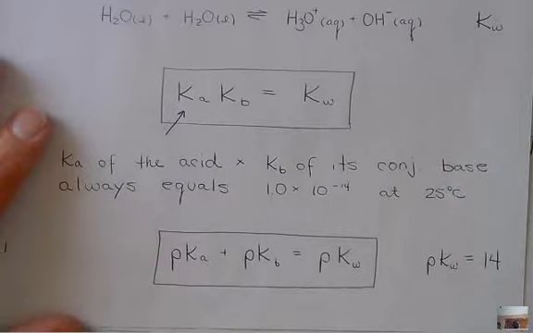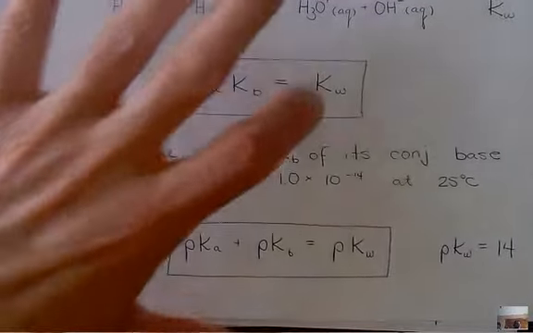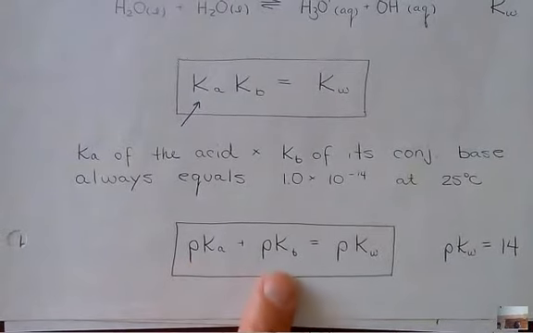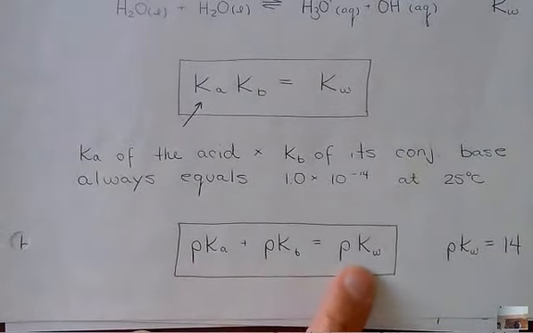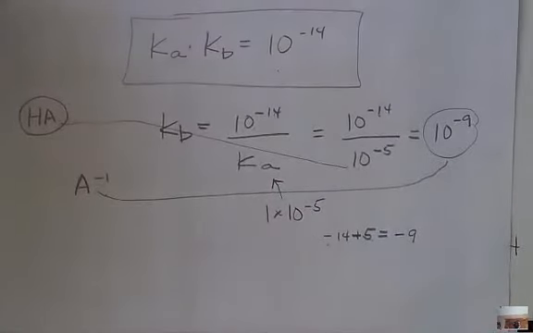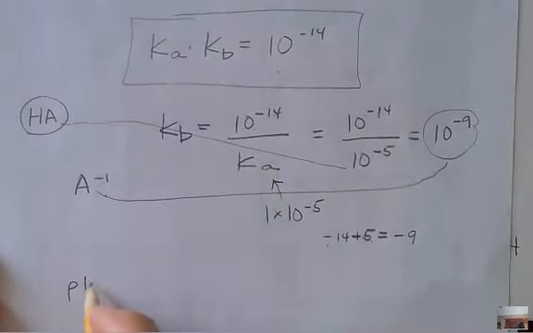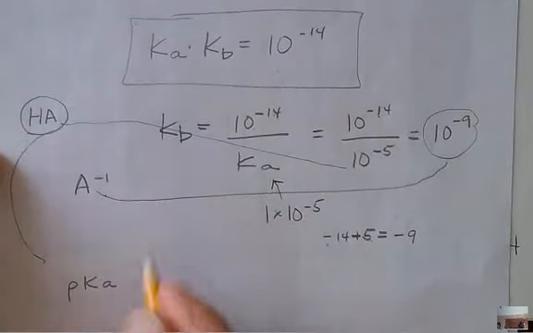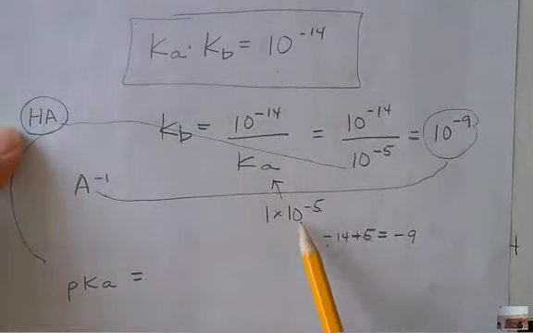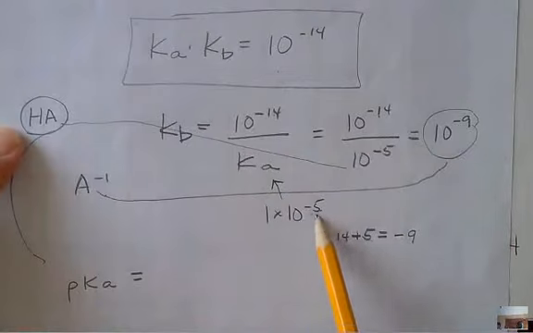Another way to write that is you can take the logs of everything, and I won't do it for you, but you get that the pKa plus the pKb is always equal to the pKw, and the pKw at 25 degrees would be 14. So for our example back here, the pKa of our acid HA, if the Ka is 10 to the minus 5, take the log of that, I get minus 5, drop the negative sign, the pKa is 5.